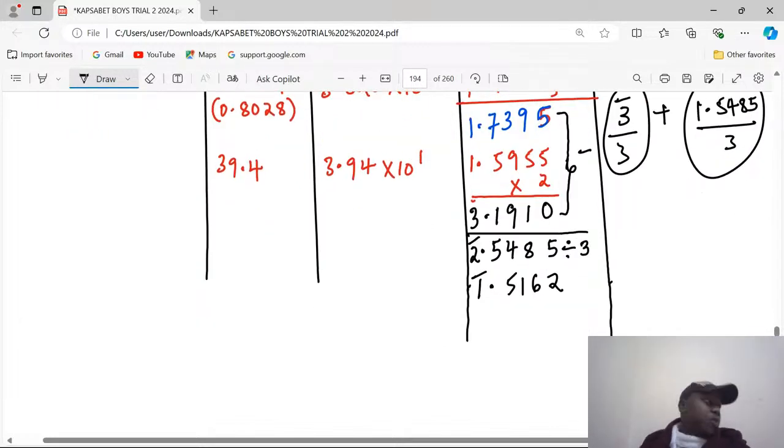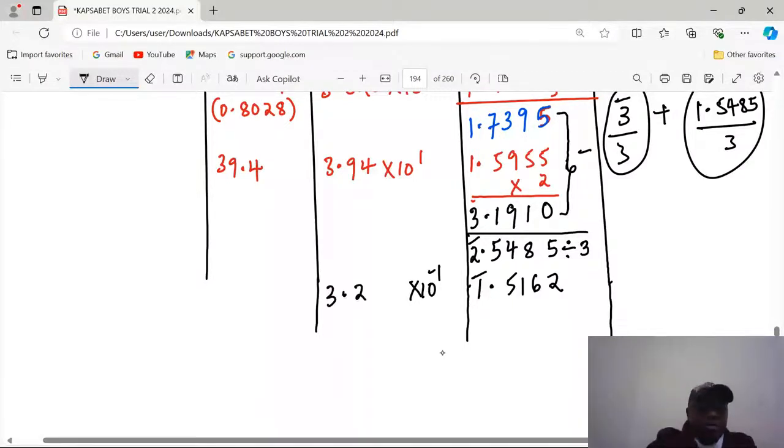So now with this final logarithm, I'm supposed to get the anti-logarithm. The first part I deal with is the characteristic, and say the number whose logarithm is this should be having times 10 power negative 1. And now I need to get the anti-logarithm of 0.5162. So shift logarithm of this value, and it shall be 3.282.